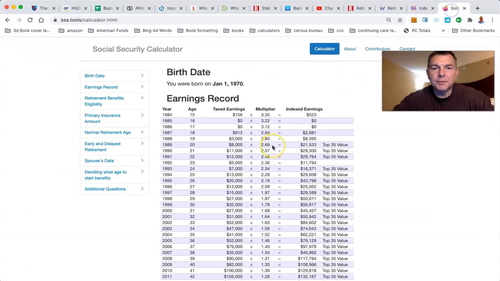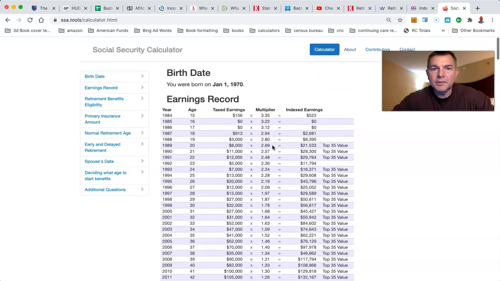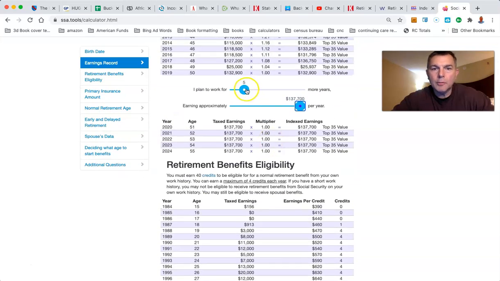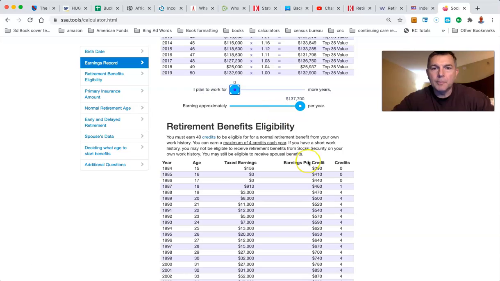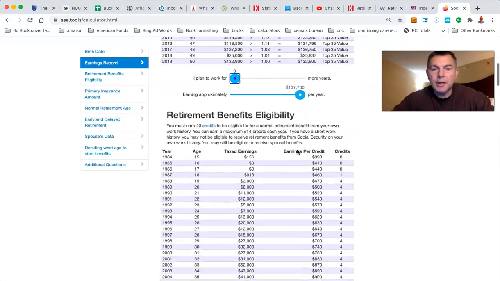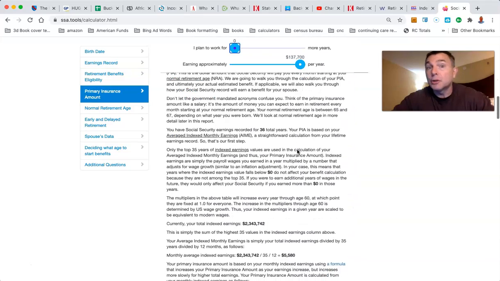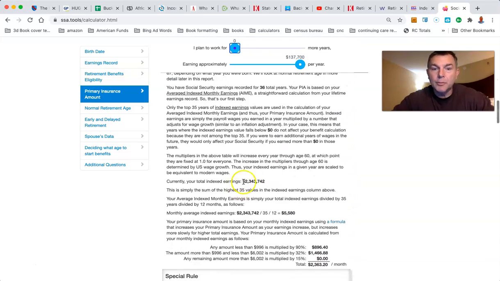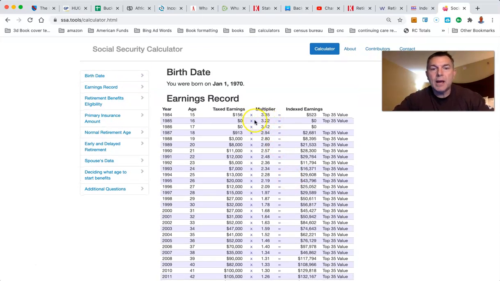If we go back to this right here, and we say I'm not working anymore, I'm stopping right there. Using their indexing numbers, they have my total indexed earnings at 2.34 million, because they're taking the indexing number they have, 3.35, times the amount of money I made in 1984.